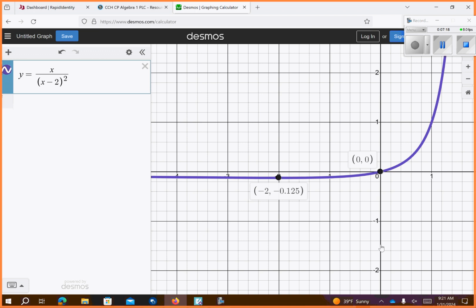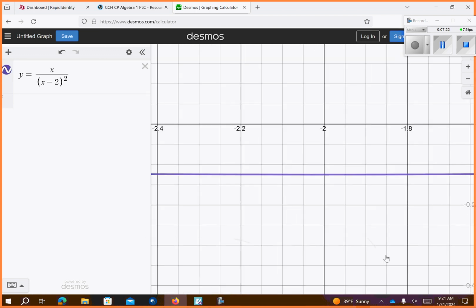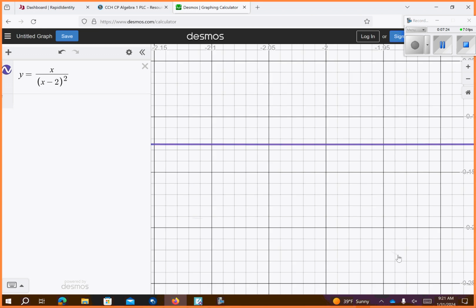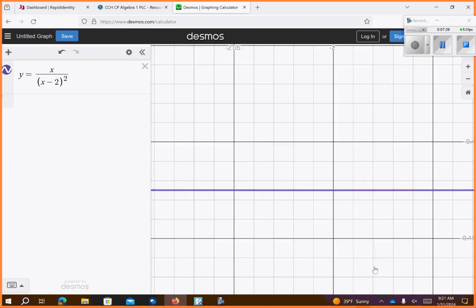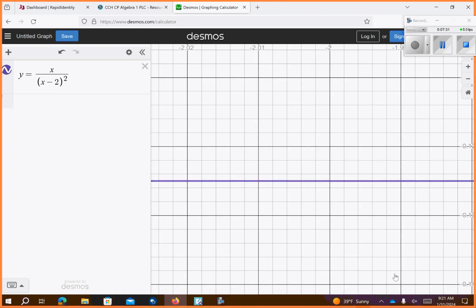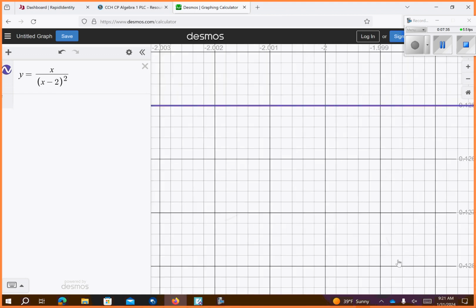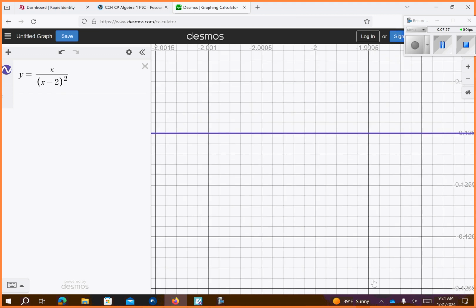So, just trying to think how we look at this graph. So -2 is where we're thinking, right? I'm just trying to zoom in as close as I can. Let's try and make this work.